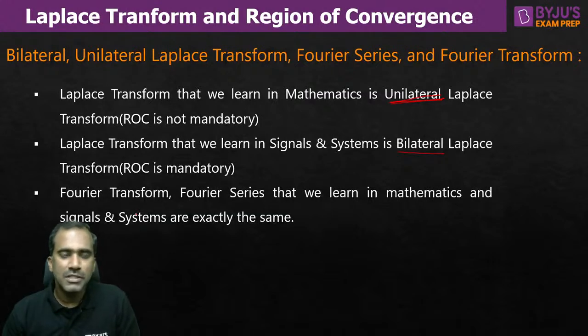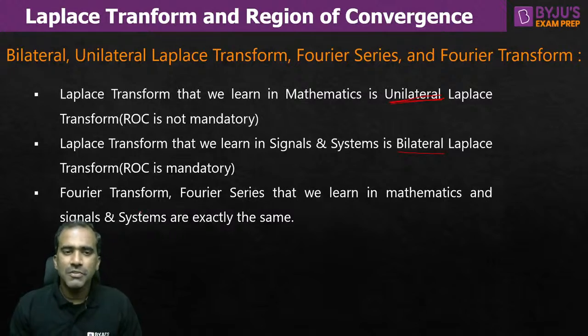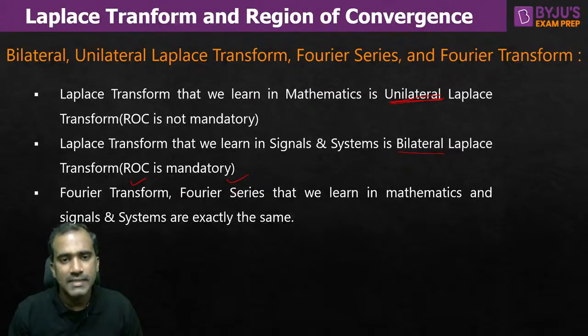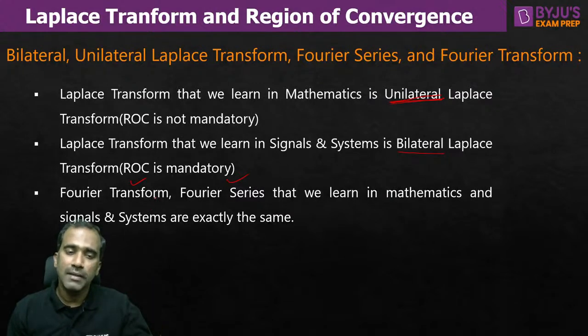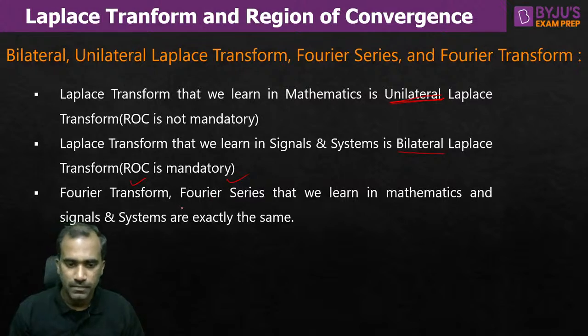In mathematics, you just go ahead with the mathematical formulas. But in signals and systems, we try to learn the meaning behind it, and how it is applicable. These two transforms are exactly the same in mathematics and signals and systems. So whatever you remember in mathematics is applicable for signals and systems also for these two topics.